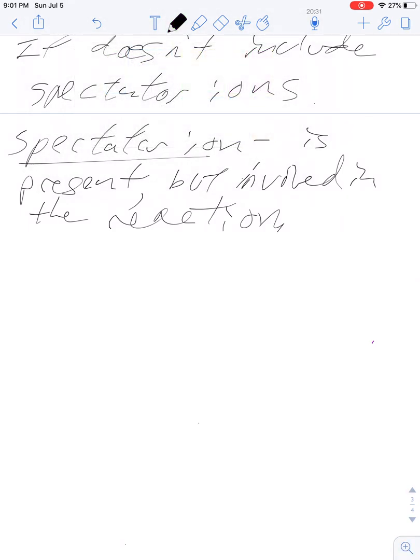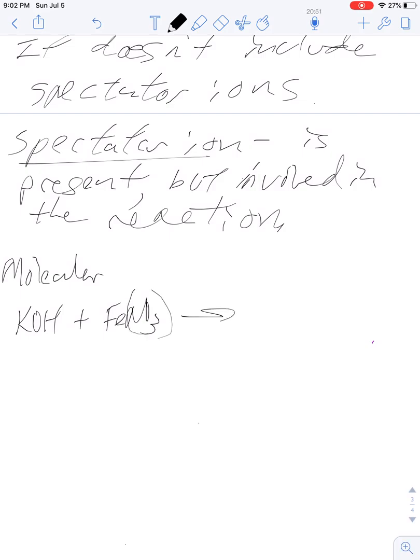Let's start with the molecular. Now let's do the following reaction. I'm going to do potassium hydroxide reacting with iron nitrate. Okay. So this is what you're used to. And this is why the molecular is useful, because it helps us predict what the products would be.